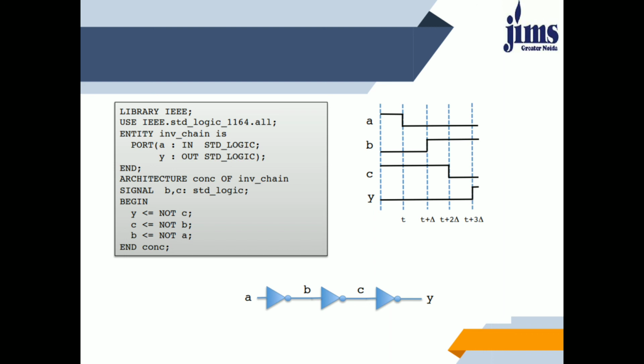In between we write a formula, then we will end the architecture. The formula says that every output is the NOT of its input, the inverter of that input. That means if the input is high, the output will go low after passing through the inverter. So this way we can define the delta delays.